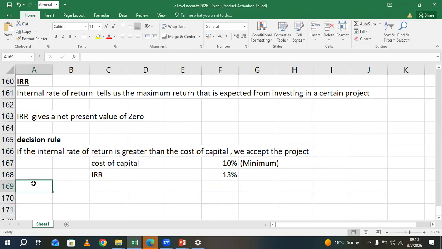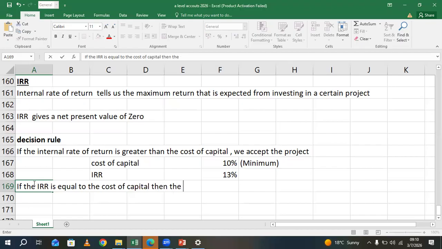So if the IRR is equal to the cost of capital, then the project breaks even.